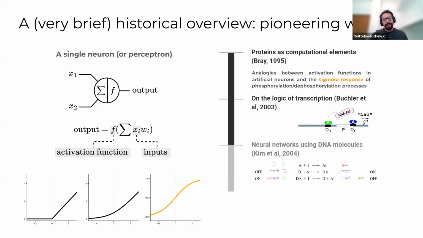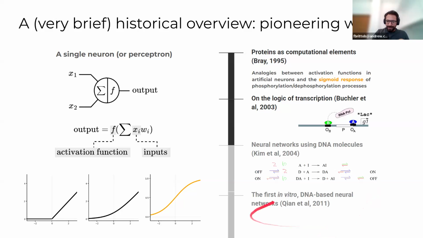And we needed to wait about 7 years until we got our first in vitro implementation in this very, very beautiful work from 2011. I might be missing some papers here in this chronology, but I think these are the ones that have really driven and initiated this field of, as some people call it, unconventional computing.